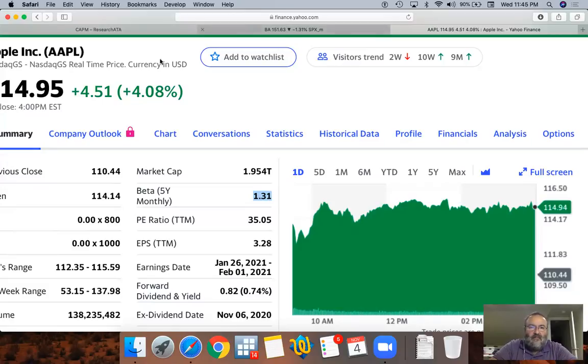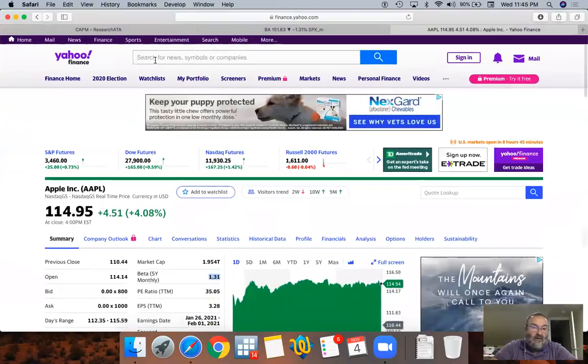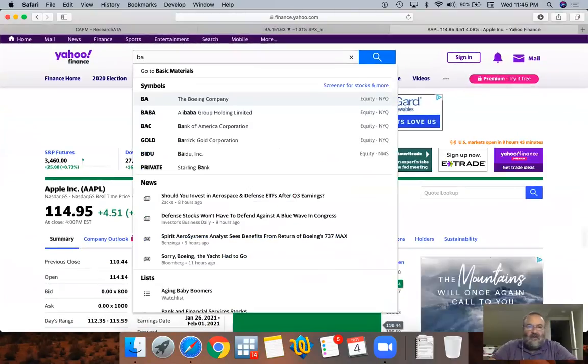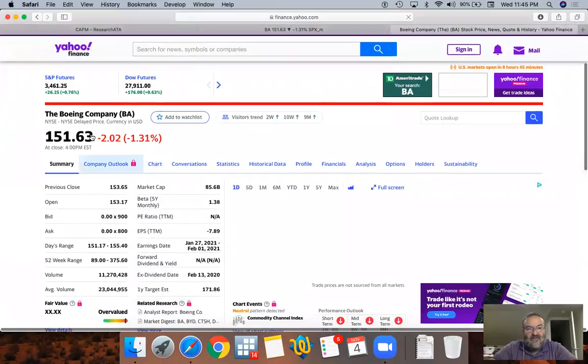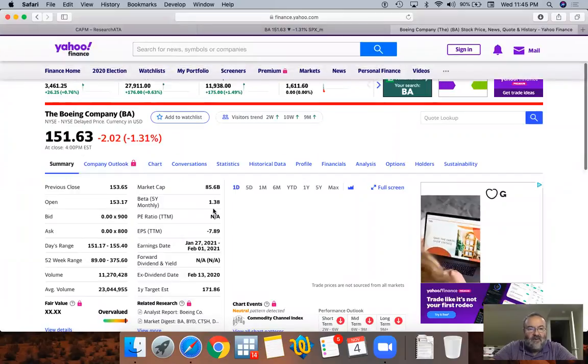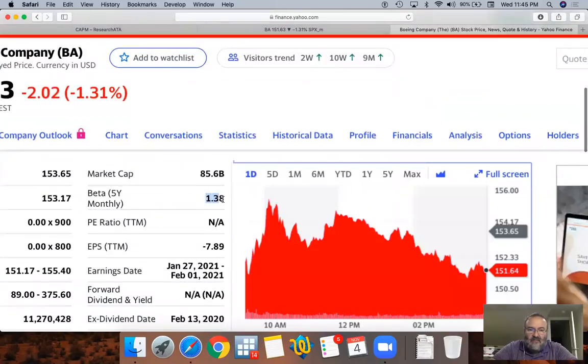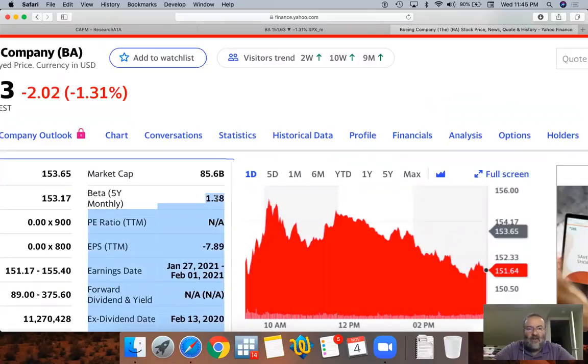So let's take a look at Boeing, which we know underperformed the market. It's interesting because Boeing, we know, underperformed, but it has a beta of 1.38. It simply means that if the market goes up by 1%, Boeing goes up by 1.38%. If the market goes down by 1%, we would expect the company to go down by 1.38%.